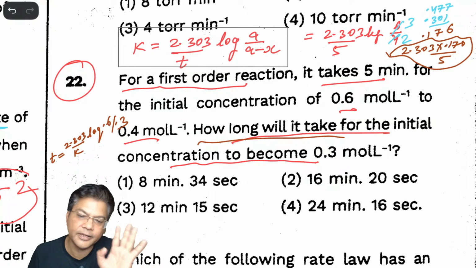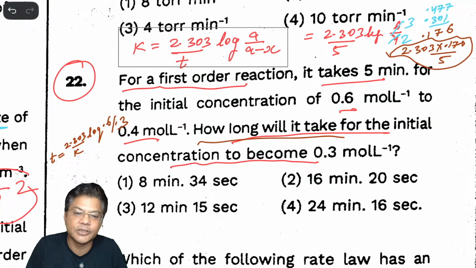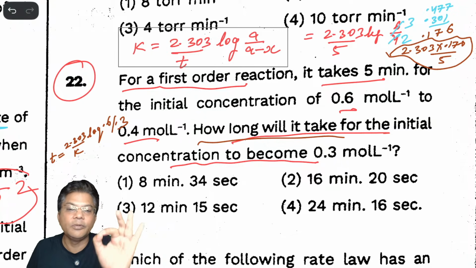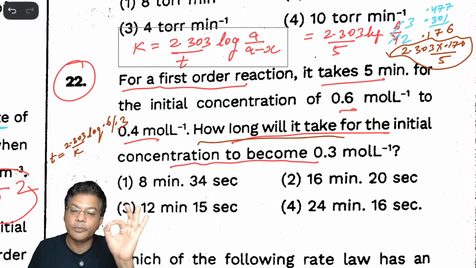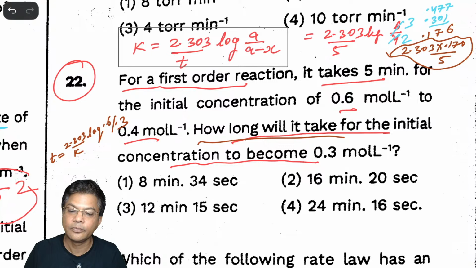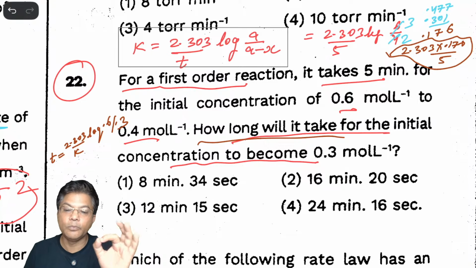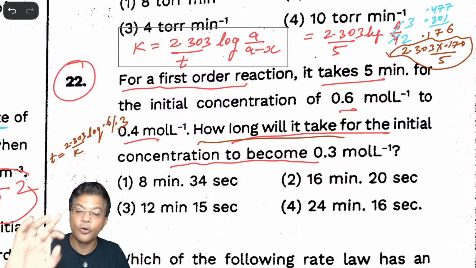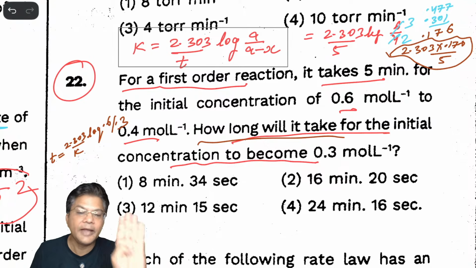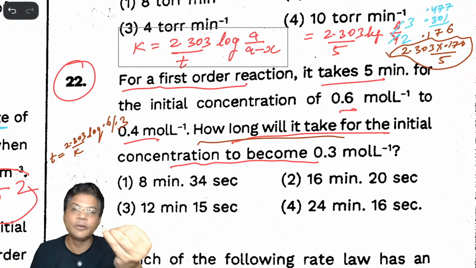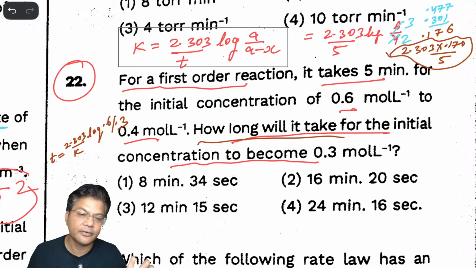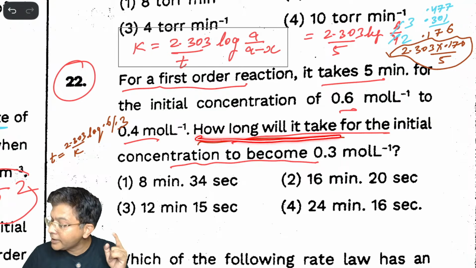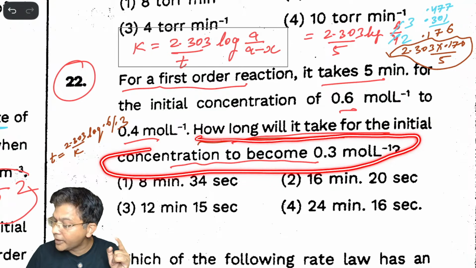How many of you are getting this point? For this reaction, T half will be a little bit more than 5, right? Now what they are saying: how long will it take for the initial concentration to become 0.3?